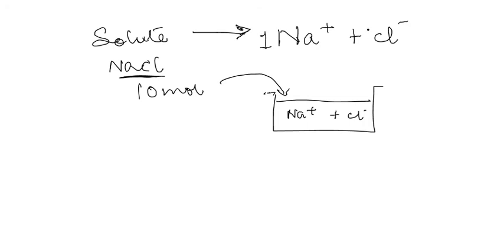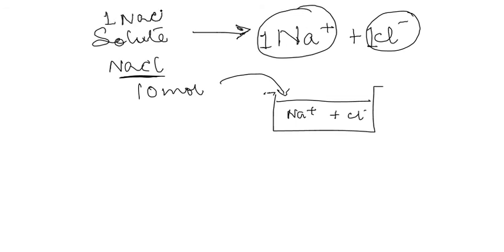So in total we have 2 moles: 1 mole of sodium ion and 1 mole of chloride ion from 1 single mole of sodium chloride.